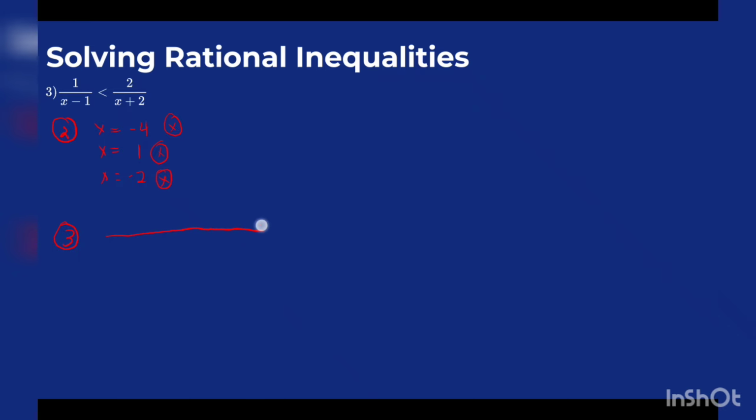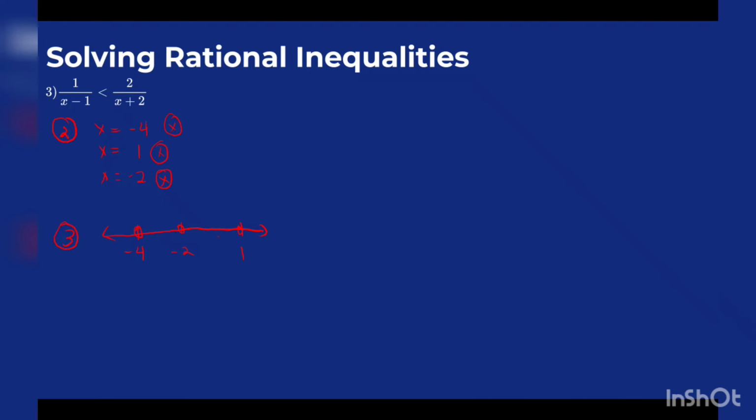So let's see, this is the number line. -4 is somewhere here. And let's say -2 is here. +1 is here. We will mark all of them with an open circle because they are all not part of the solution.